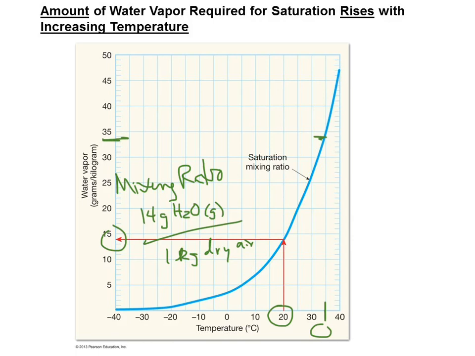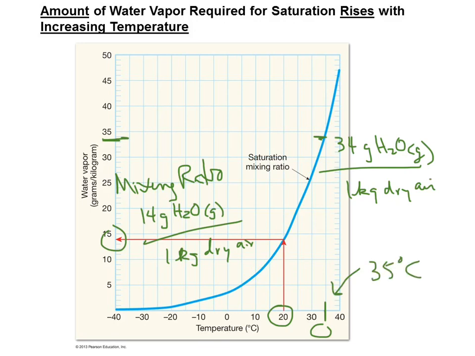Have you ever heard warm air can hold more water? That's kind of what we have going on here. At warm temperatures, the saturation amount is more in terms of mixing ratio. To me, it looks like 34 grams of water vapor per 1 kilogram of dry air. That would be very warm, 35 degrees Celsius, a terribly warm house. This is why you run the dehumidifier.